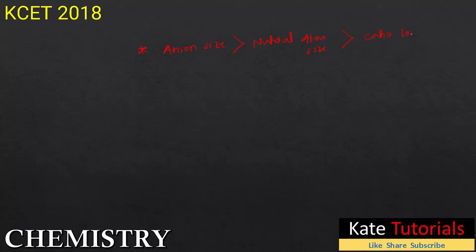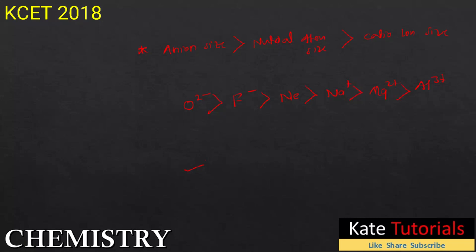Cation size. If they ask you to compare the size of O2 minus, F minus, neon, sodium plus, magnesium 2 plus and aluminum 3 plus, see, the anion will be of greater size compared to the neutral atom, that is neon, which will be of greater size compared to the cation, like this.